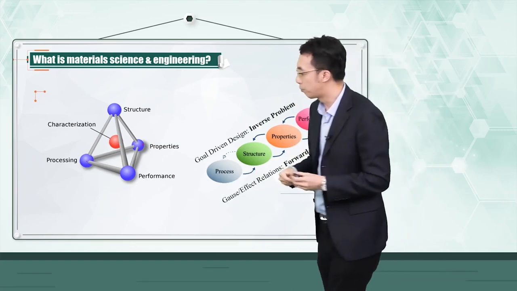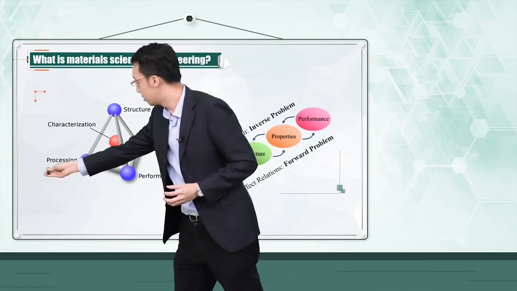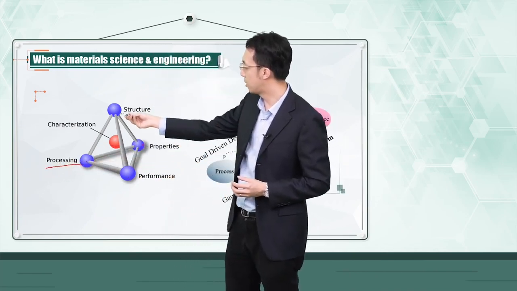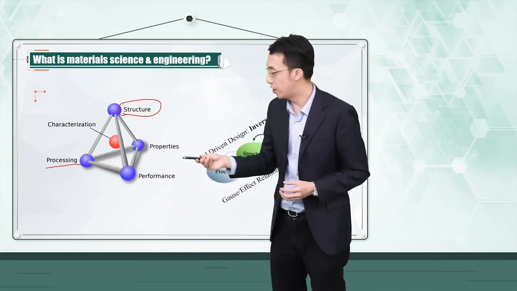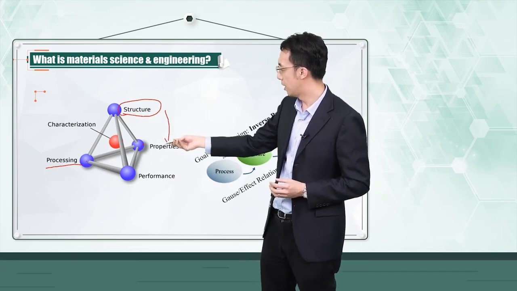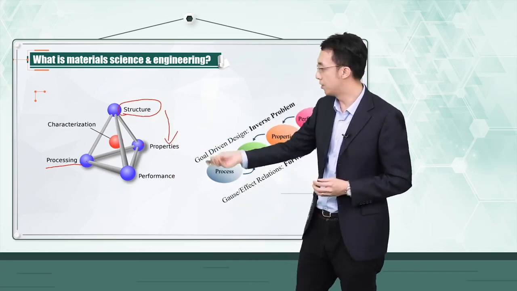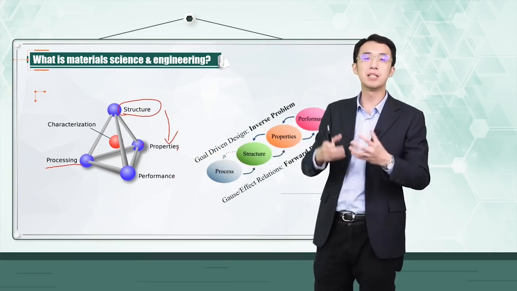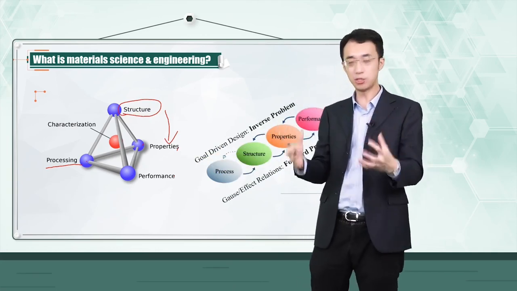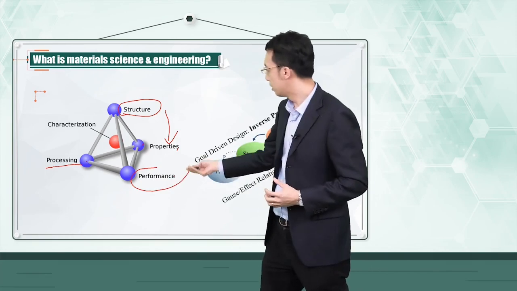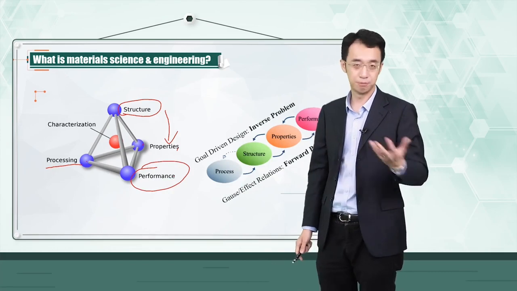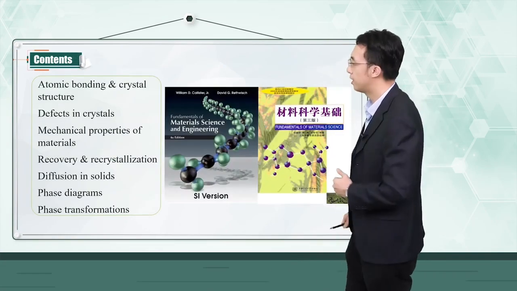So hopefully after this series of lectures, you will be able to at least qualitatively know how to process a material and make it into a proper structure, so that this proper structure can be made to have certain properties. And the certain properties of the materials, when they are made into certain parts or components of your system, will have certain desired performances of your design, right?